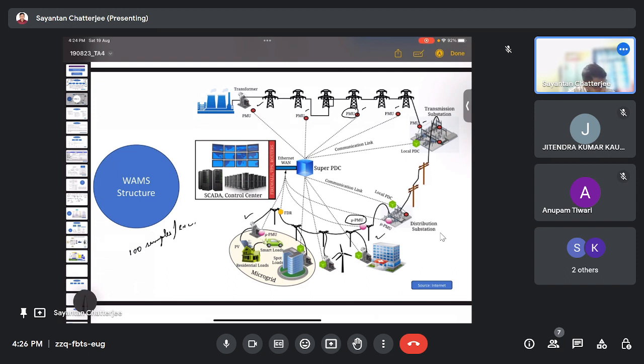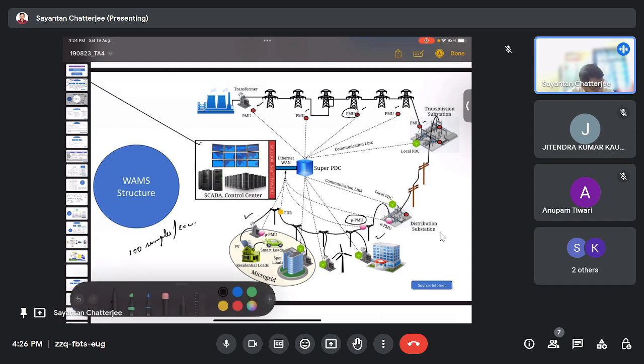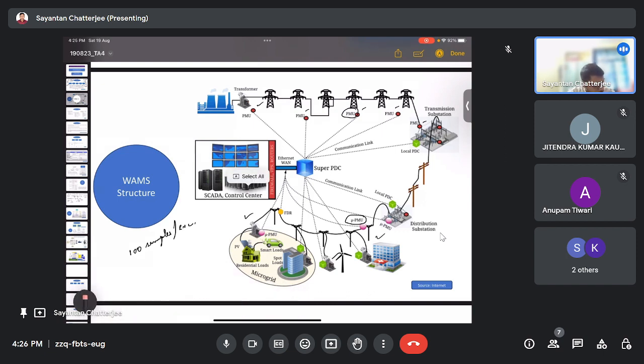Here we have the control center, and this would give the operators sitting there a close and faster overview, compared to the database system where the data rate is 2 to 5 seconds, while here we have 50 samples per second. So the monitoring would be easier, the accuracy of these devices is higher, and also these devices are synchronized.